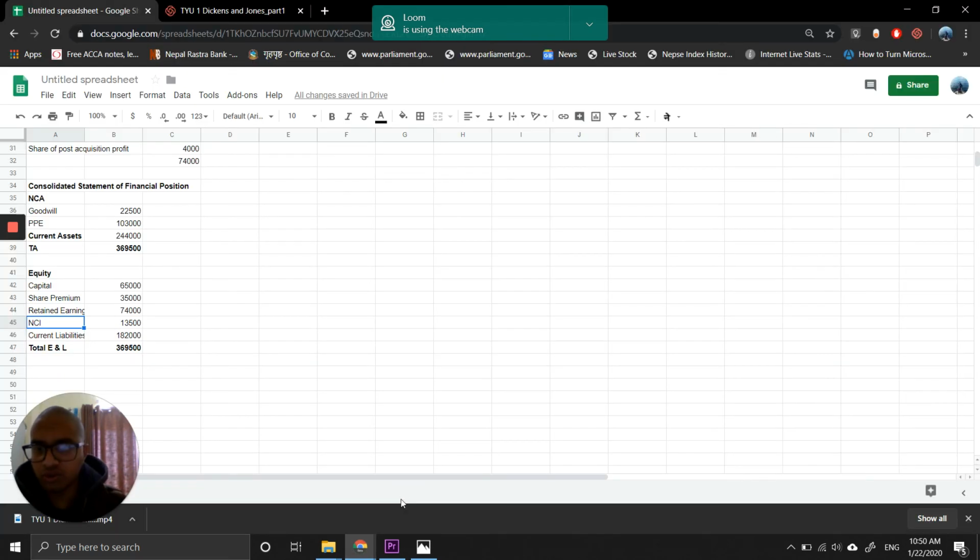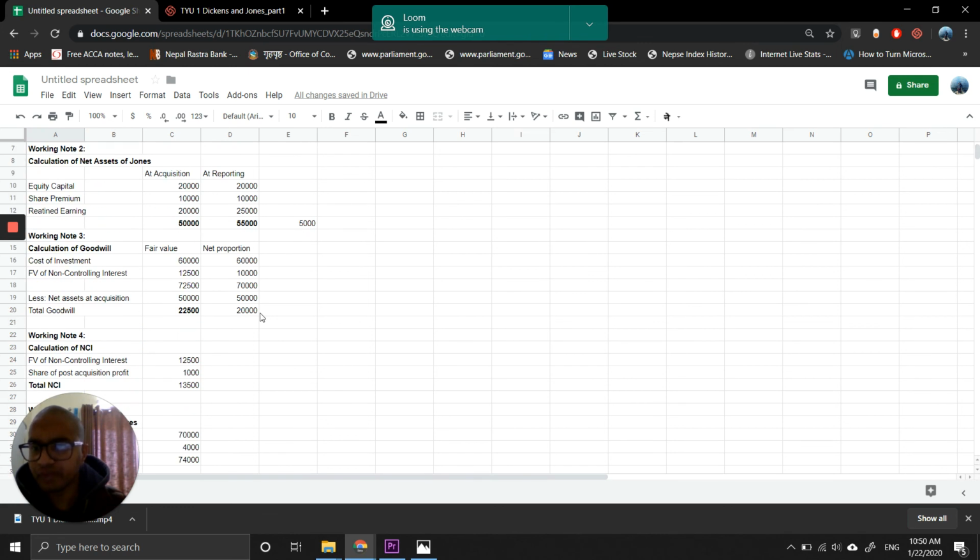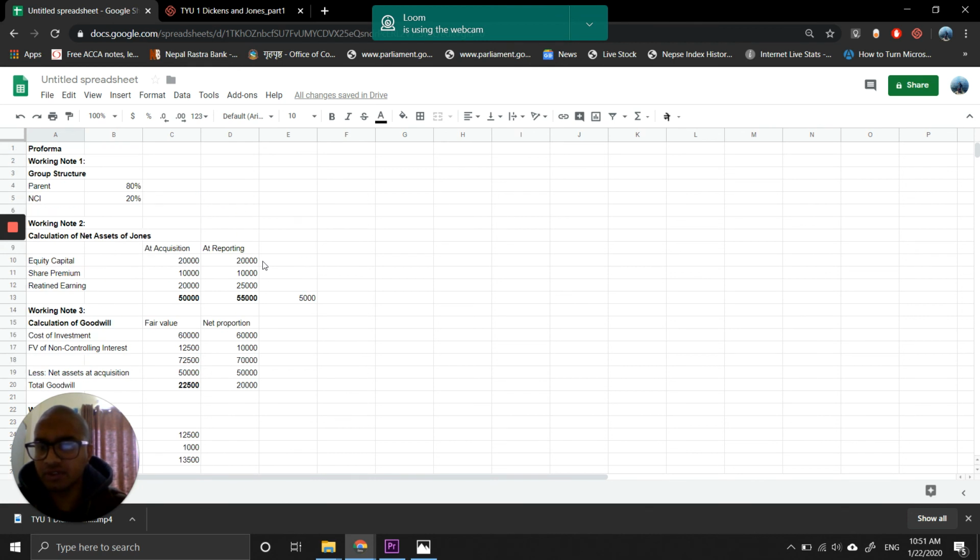Okay, so don't forget that. And then always remember which method of goodwill calculation you are using. Okay, so it's not only the format that you need to remember, it's what figure is going where and what the principles behind it are. That's more important. When you understand that properly, it'll be much easier for you.